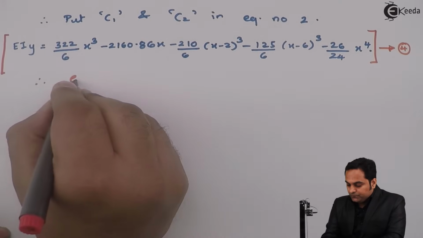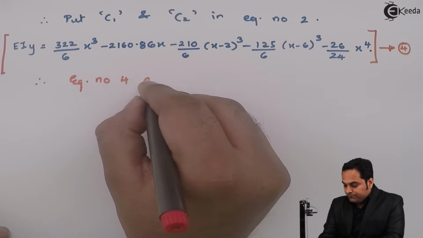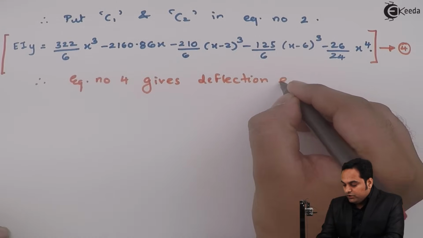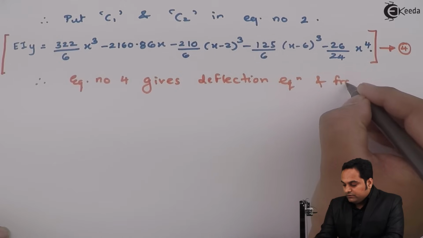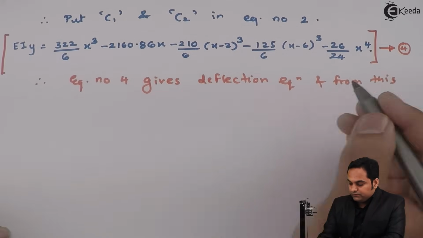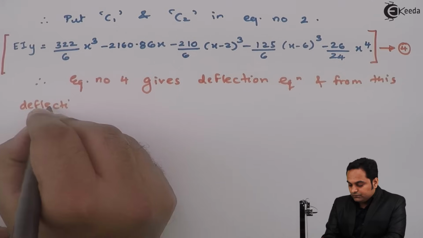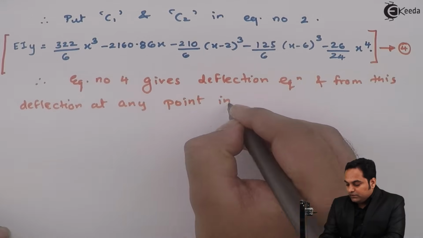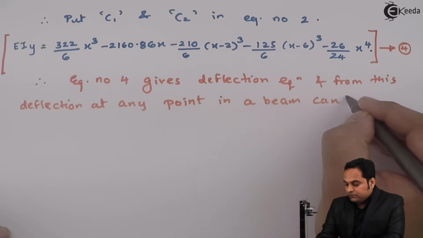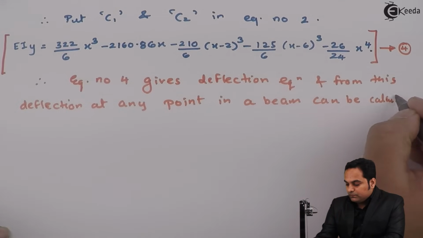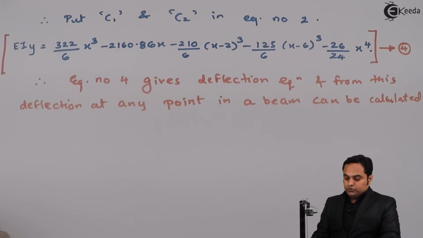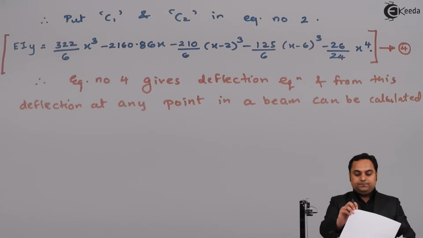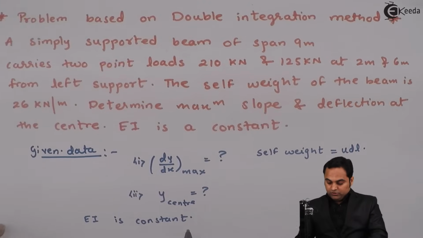So therefore equation number 4 gives the deflection equation, and from this, deflection at any point in a beam can be calculated.